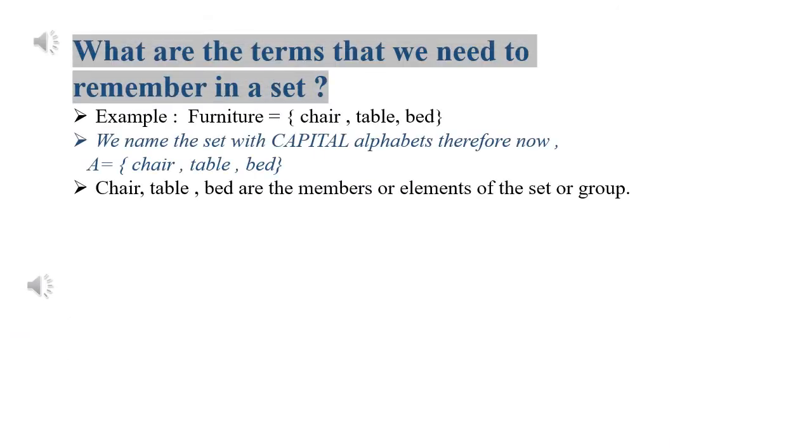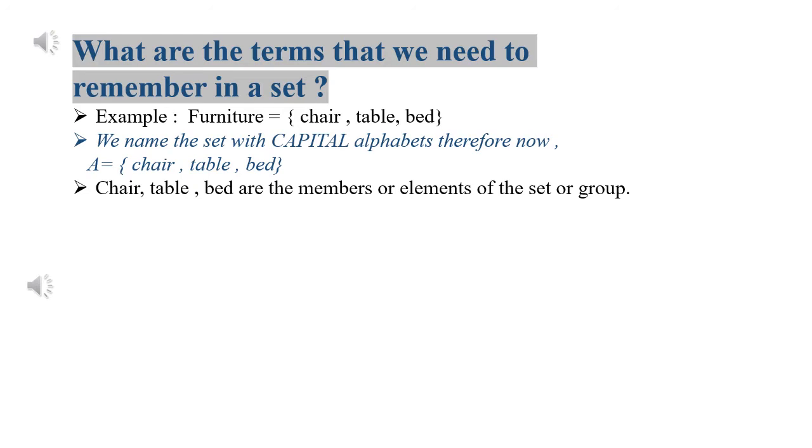Okay students, so in the earlier slide we have learned to identify whether a given statement is a set or not. Now let us see a few more terms involved in writing a set. Remember our first example which we had taken, furniture, in the earlier slides? Yes. So there in the set we had chair, table and bed.